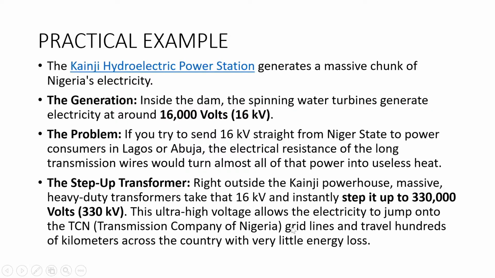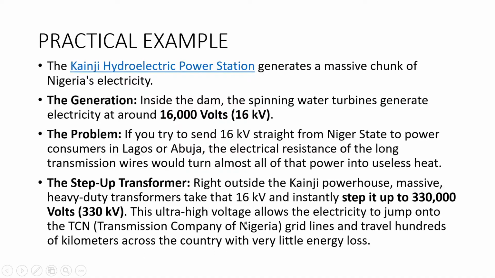Now, from the national grid, this 330 kilovolts is transmitted through a grid line, or what we call a transmission line. So you can see that we are moving from the generation and heading towards the transmission. The grid lines travel hundreds of kilometers across the country with very little energy loss.